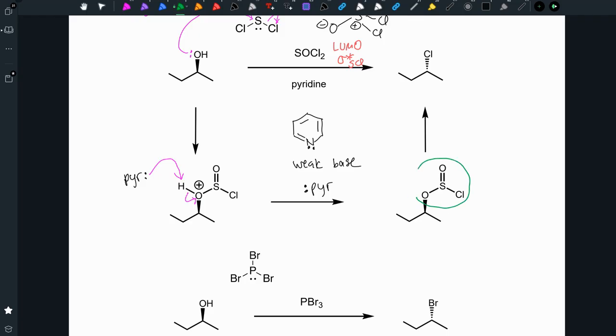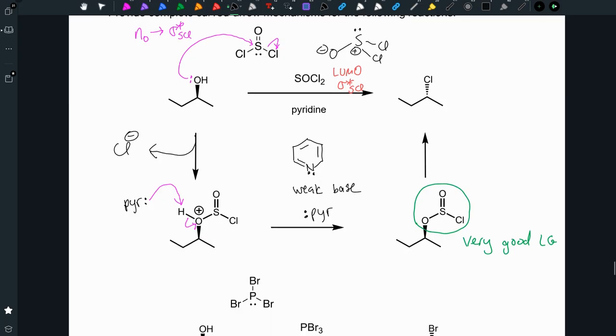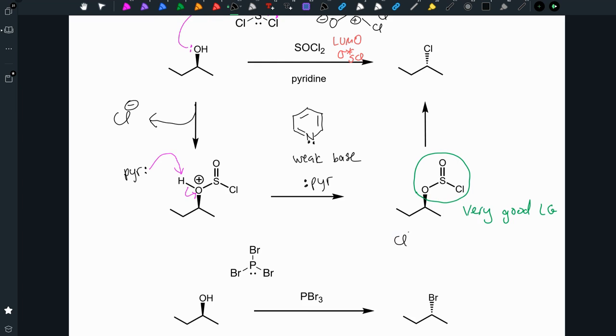This here is going to be a very good leaving group. And we have also released chloride in this first step. You might note that chloride is released. Now, chloride isn't a great nucleophile, but in this case, it is going to act as a nucleophile, because this leaving group is very good.